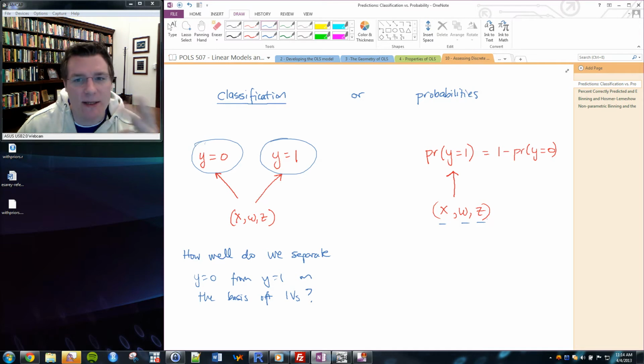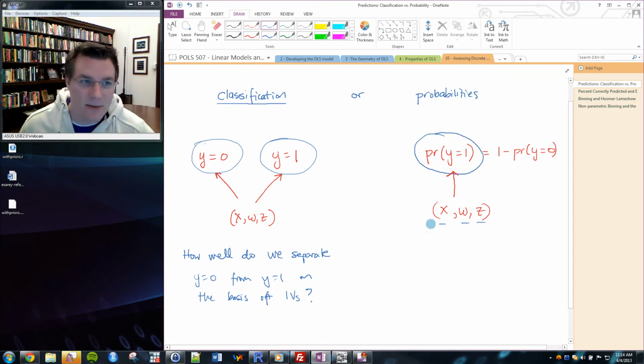But I would never expect to be able to sort coins into categories where this coin always comes up heads and that coin always comes up tails. It doesn't make sense because the underlying data generating process we know is going to be probabilistic. And so the point of the model is to correctly predict probabilities.